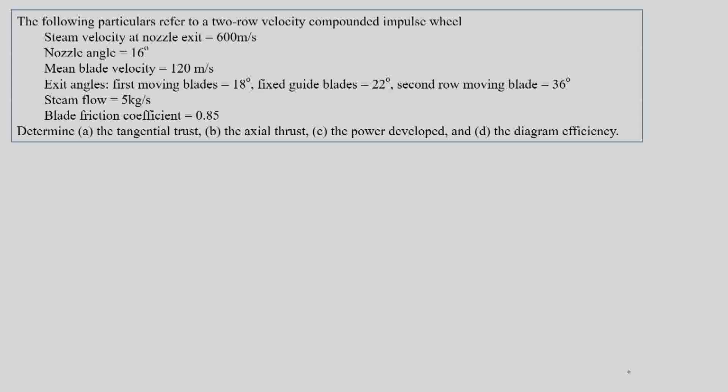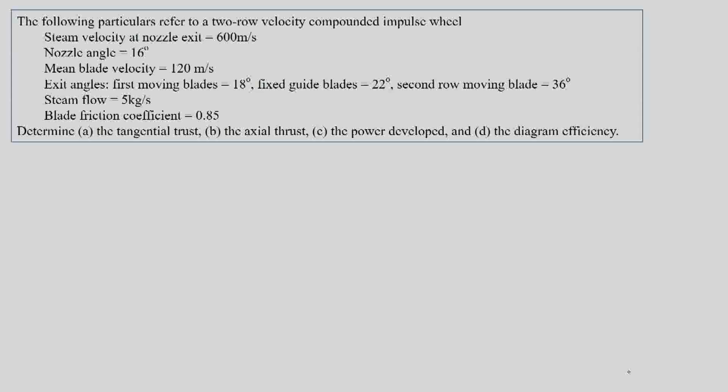We will start the next example. It states that the following particulars refer to a two-stage velocity compounded impulse wheel, meaning turbine. Steam velocity at nozzle exit is 600 meter per second, nozzle angle is 16, mean blade velocity is 120 meter per second.